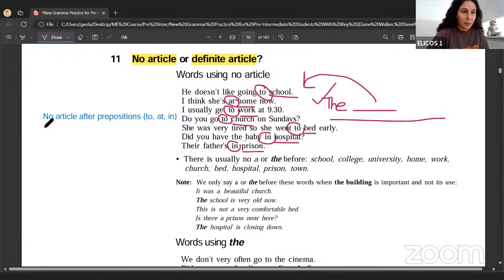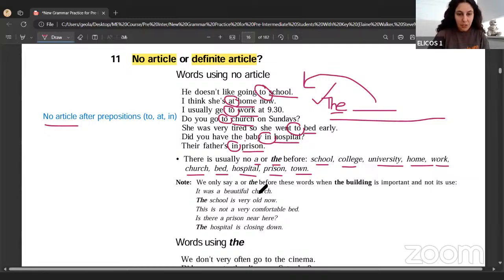So before the noun, there is usually no a or the before school, college, university, home, work, church, bed, hospital, prison, town. But remember, like I said, only if you start the sentence, then yes. So we only say a or the before these words when the building is important and not its use.